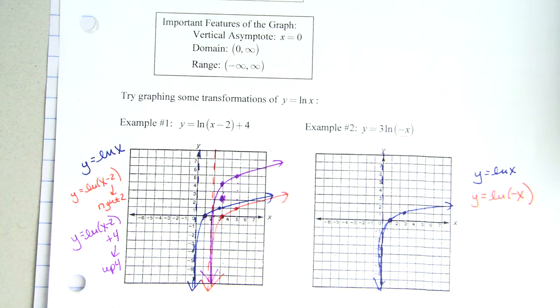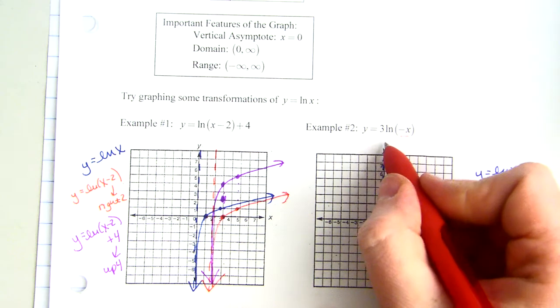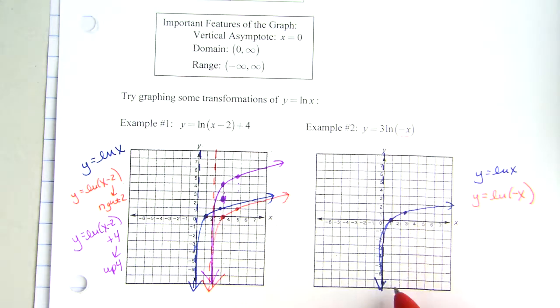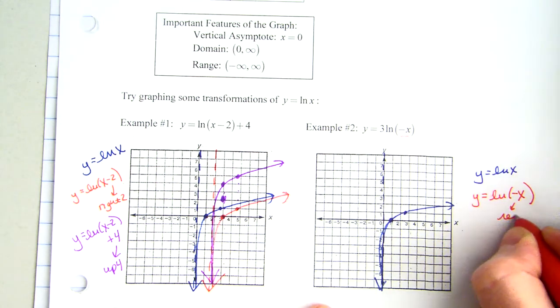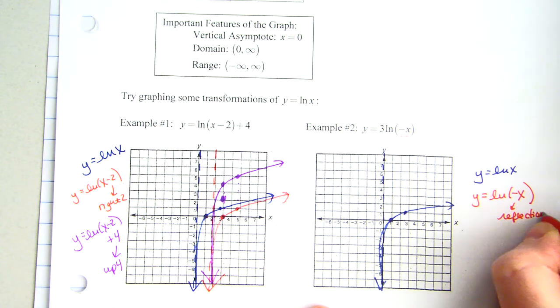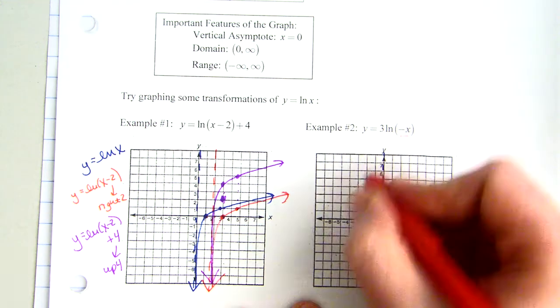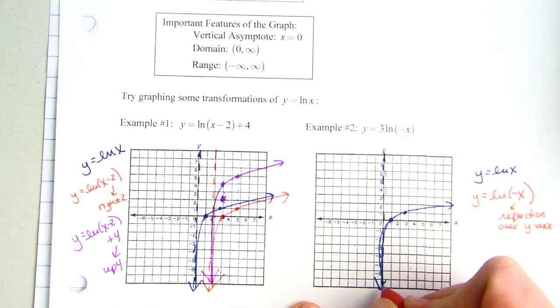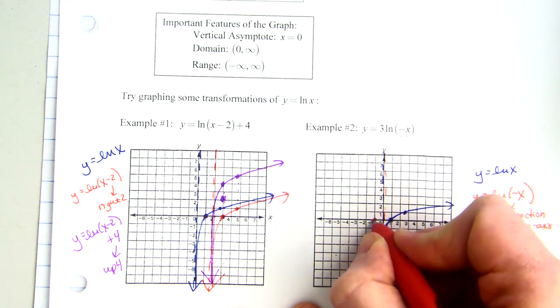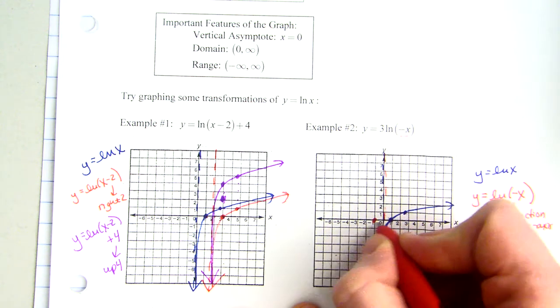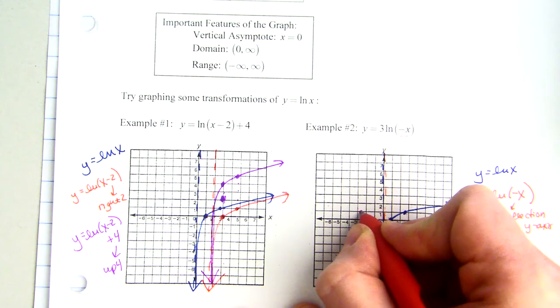It's going to flip it, it's going to reflect it over the y-axis. This is a reflection over the y-axis. So I'm going to keep that vertical asymptote where it was. 1, 0 becomes negative 1, 0. E1 becomes negative E1.